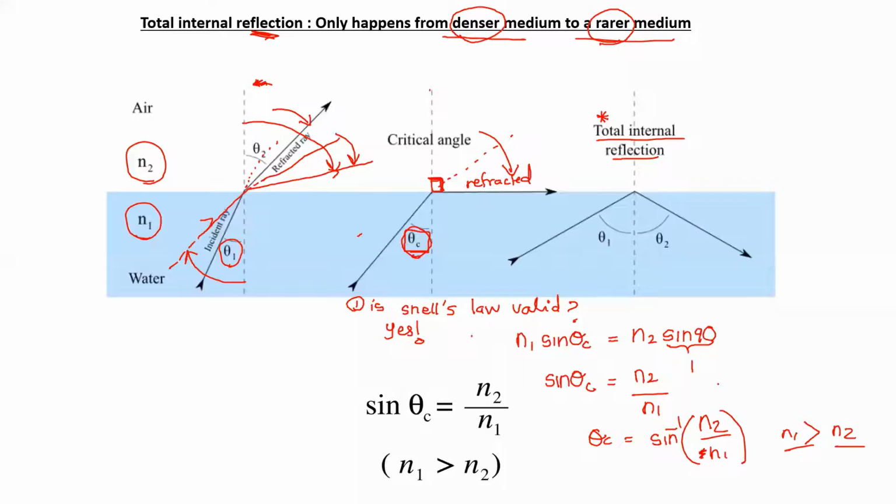Whenever the incident angle, here theta 1, is greater than the critical angle, if you send a ray greater than the critical angle, what will happen? It will not be refracted. It will come back to the same medium, and it is called total internal reflection. My question: is Snell's law valid here?